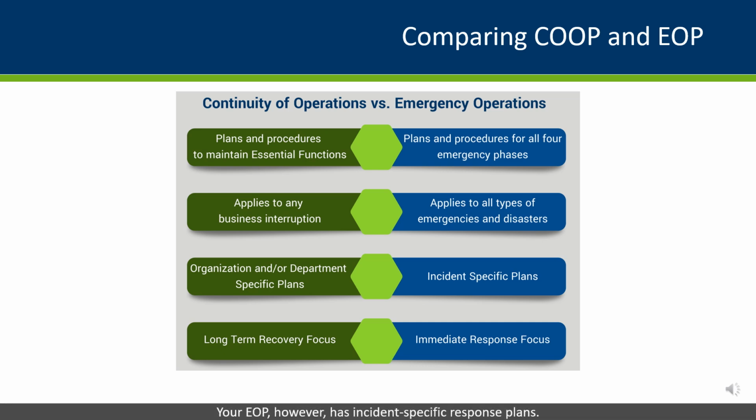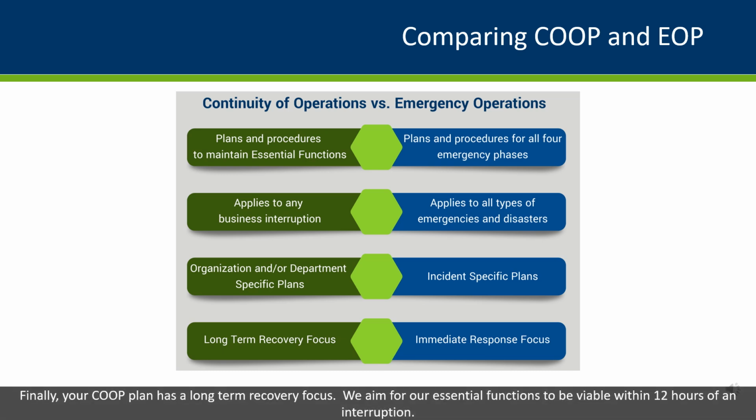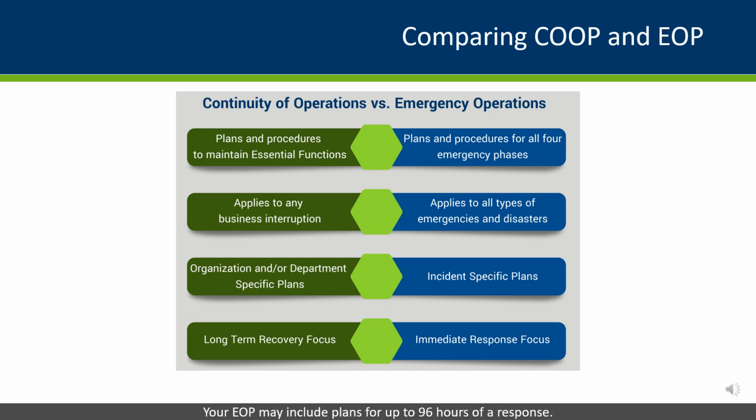Your EOP, however, has incident-specific response plans. Finally, your COOP plan has a long-term recovery focus. We aim for our essential functions to be viable within 12 hours of an interruption. Your EOP may include plans for up to 96 hours of a response. As we move into step 2 of COOP on our roadmap, you will hear more about how these plans intersect.